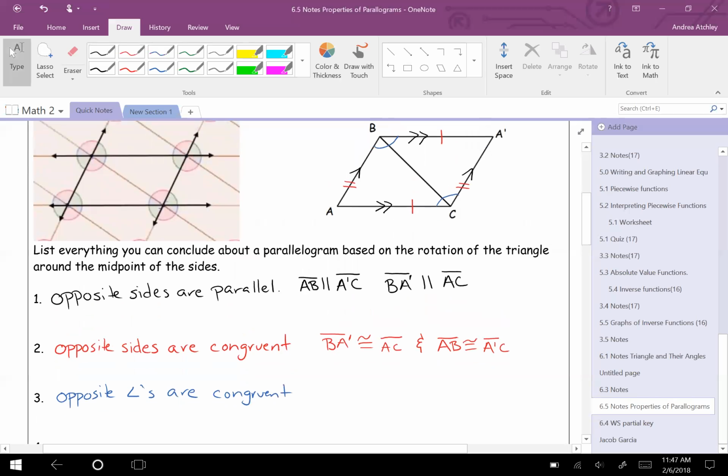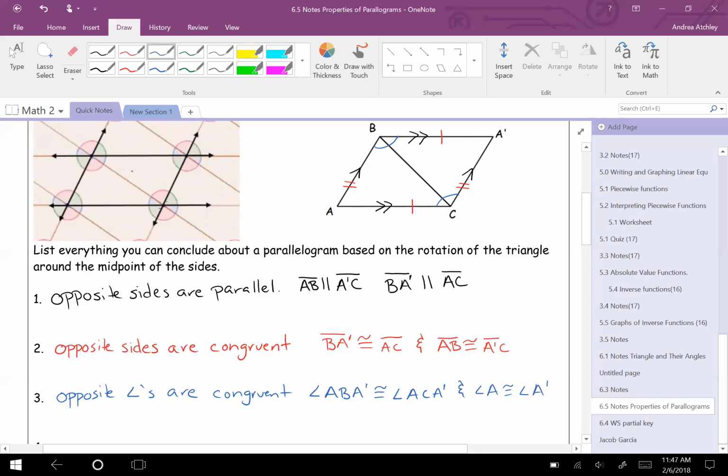So that would be angle BA prime A is congruent to angle CA prime A. And angle A is congruent to angle A prime. Because if you remember, we have the green matching the green up here, so those two angles are the same angle after I rotated my triangle.